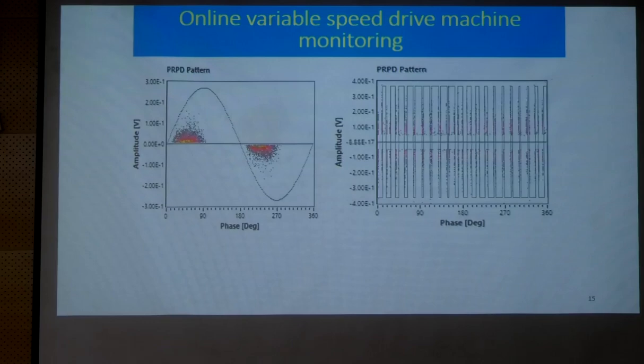With respect to the frequency of the pulses, you can see the discharges occurring. With higher frequency, you get more discharges. It is a normal discharge at the initial level, but with high frequency you are going to get more discharges.